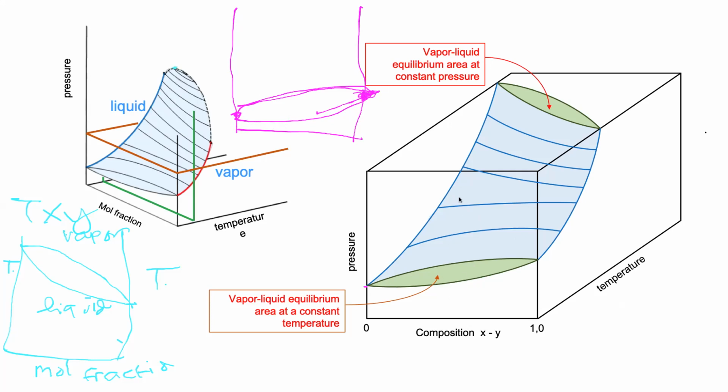But when you go into the higher pressure here, it just looks like a tongue. The tip gets smaller, yeah. See over here, it becomes smaller, maybe only this area. And the area for the mixture of vapor and liquid is only in this area.